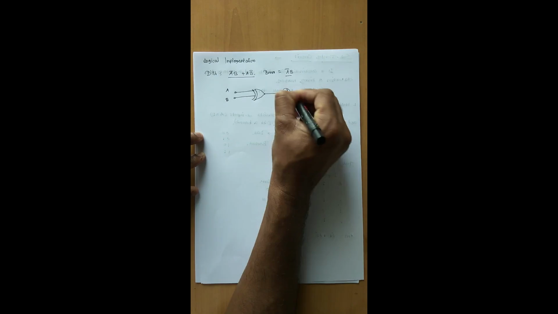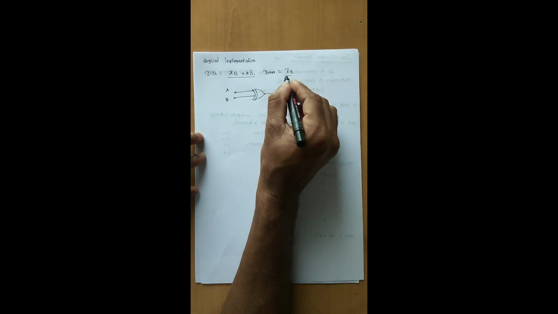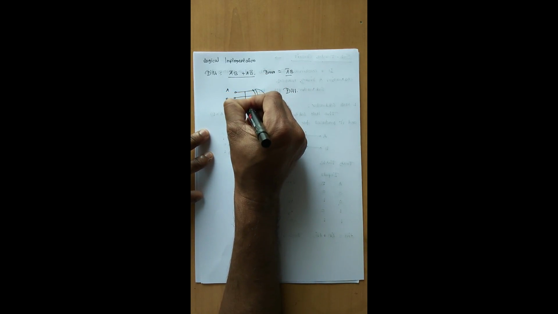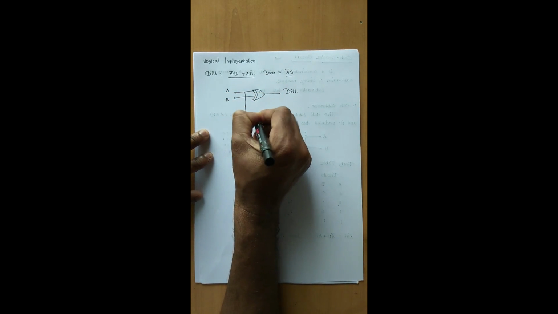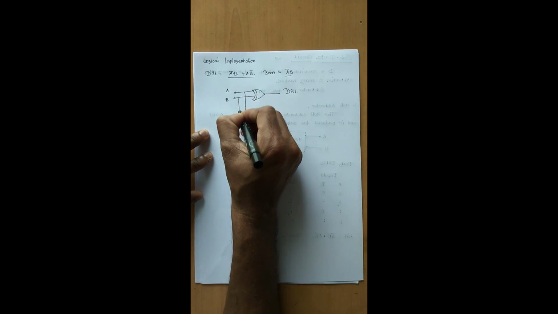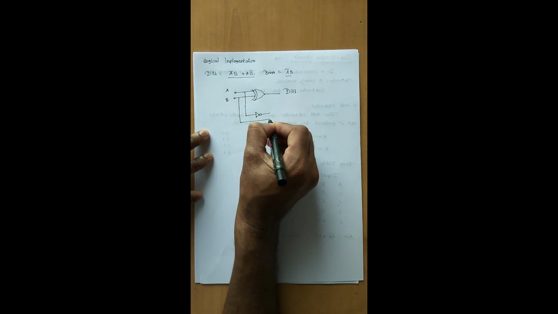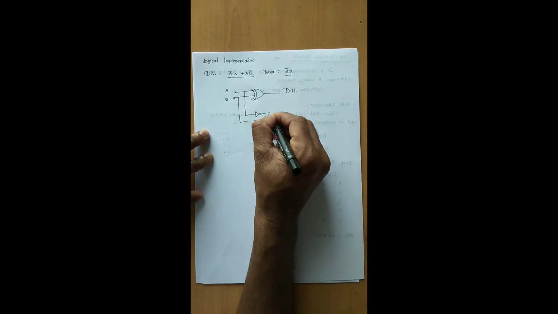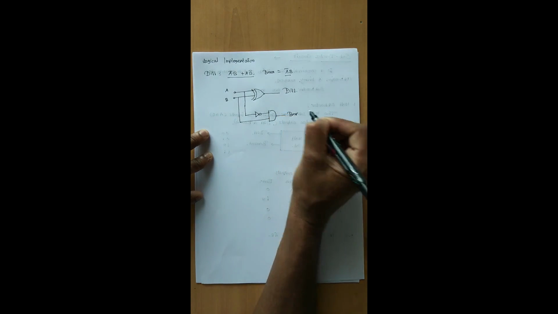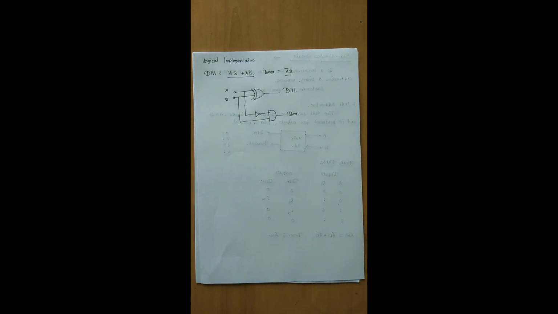For A bar B, first use a NOT gate to get A bar, then input B is available, so they are ANDed with each other using an AND gate. This is the borrow. These are the logical implementations of the half subtractor.